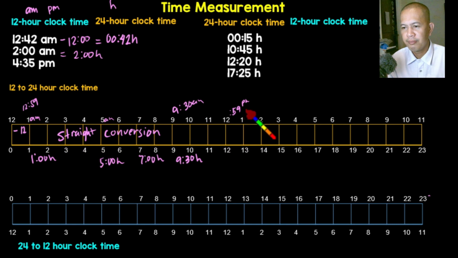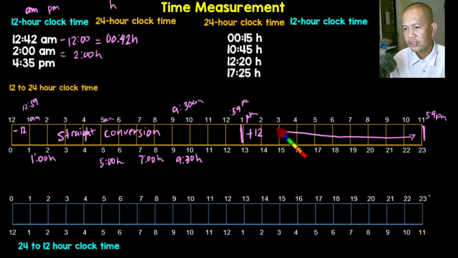So that is from 1 a.m. to 12 p.m. Now from 1 p.m. to 11:59 p.m., we're going to add 12 to our 12-hour clock time to get the 24-hour clock time.